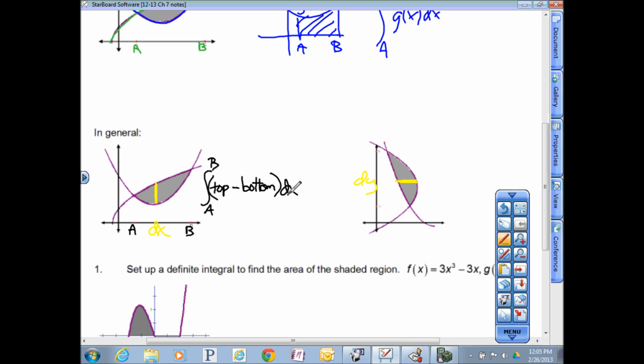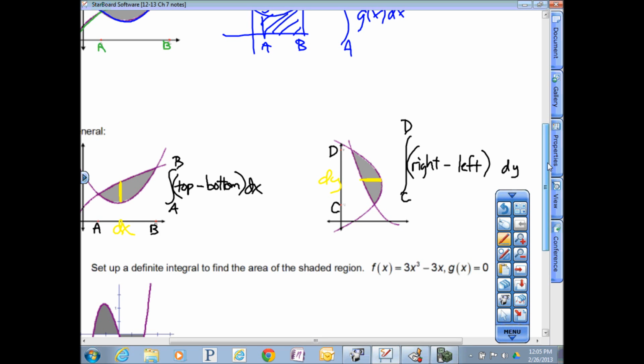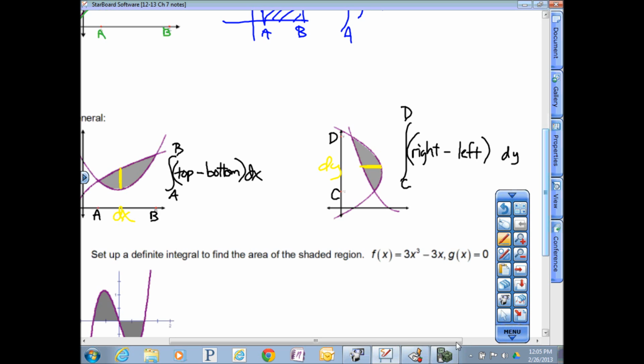If we're working with y's, then we're going to work from y equals c to y equals d. This time it's going to be the right function minus the left function, the furthest one from the axis over to the one closest to the axis. Again, always starting in that first quadrant. So the right function minus the left function with respect to y. So there's your general setup for what we have going on here.